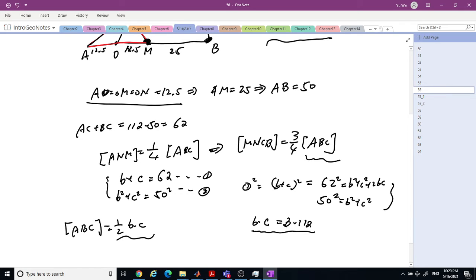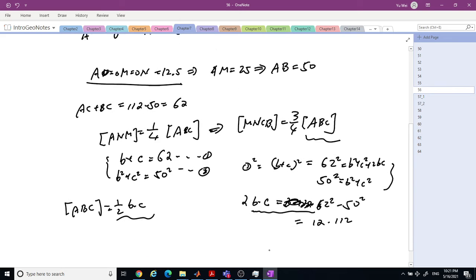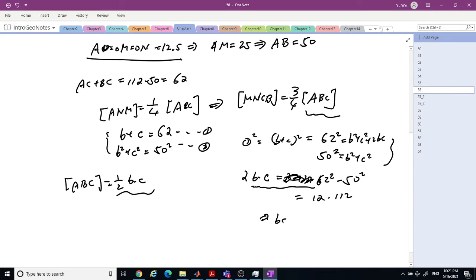Let me see. B times C is... 2BC is the 62 square minus the 50 square, which is equal to 12 times 112. Then BC is equal to 6 times 112.